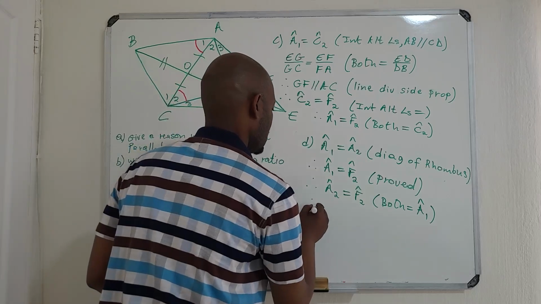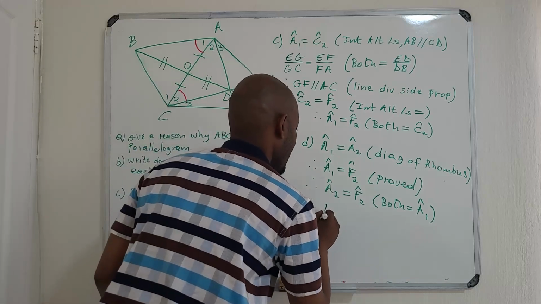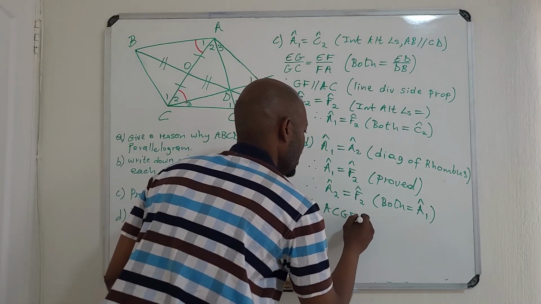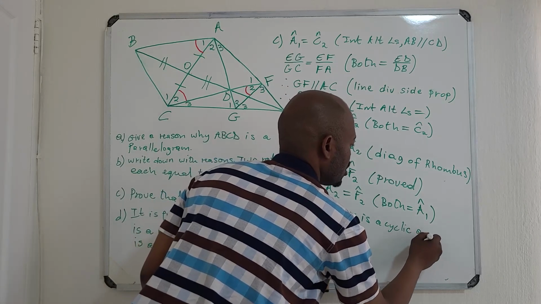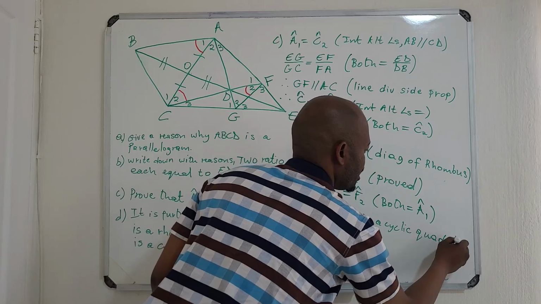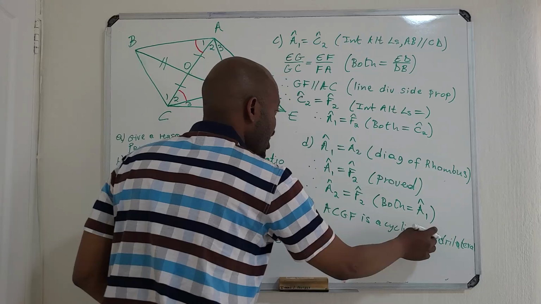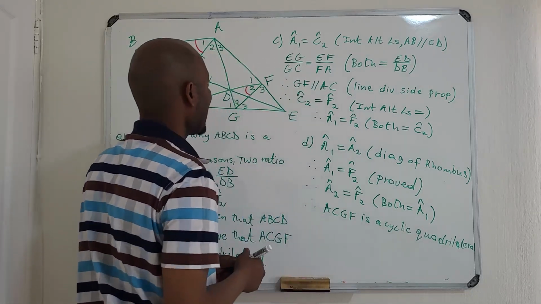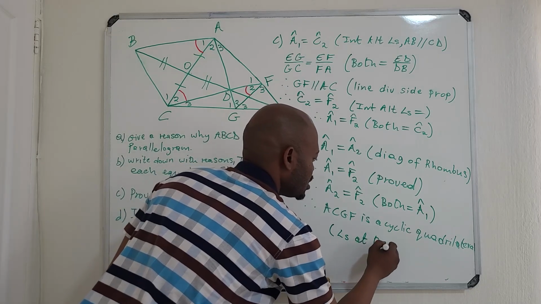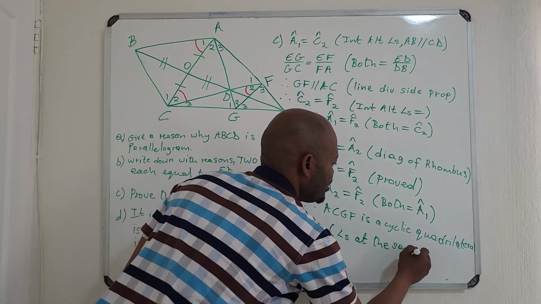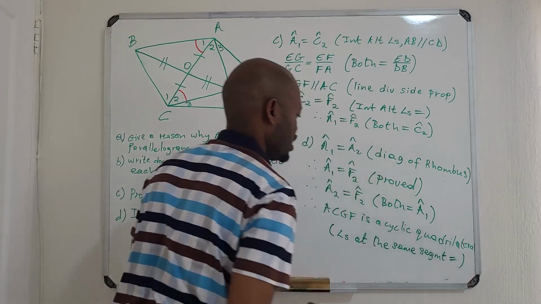Therefore, ACGF is a cyclic quadrilateral. Why is it a cyclic quadrilateral? Reason is that angles at the same segment are equal.